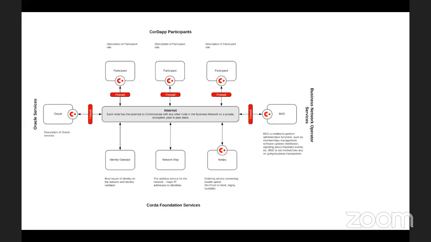Then we have the identity operator, which takes care of the certificate authority, certificate installation and secure communication. There is a network map which allows mapping the IP address to the identifier. And there is an ordering service. It is not specifically an ordering service, and it doesn't use anything like proof of work or any probabilistic consensus. And there is an oracle, right? So these are the essential components.